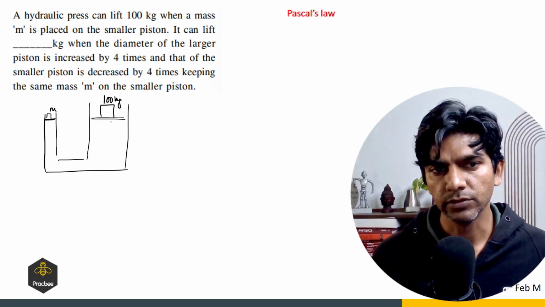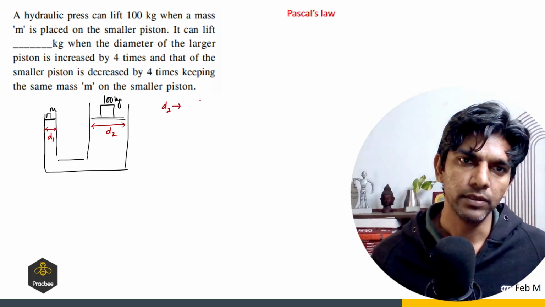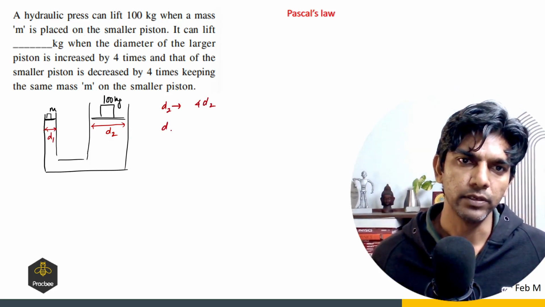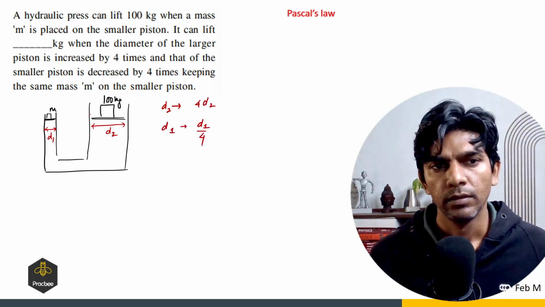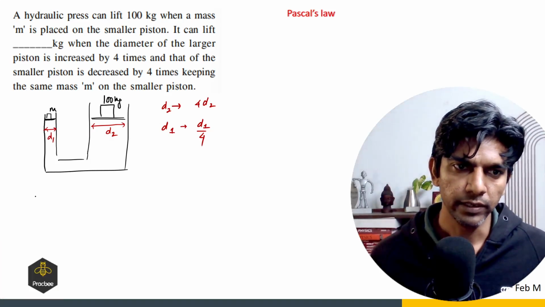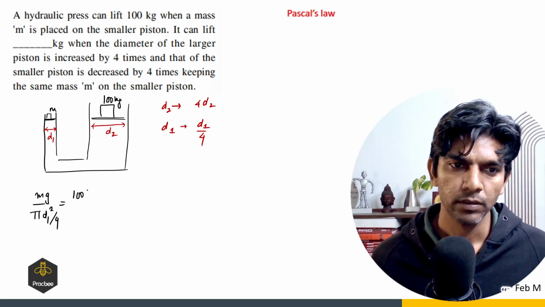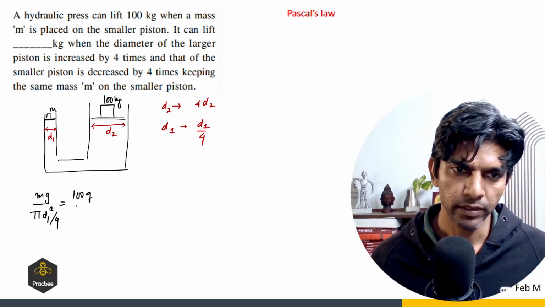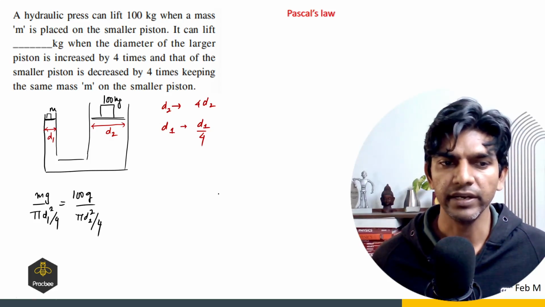Now let me call this diameter d2 and this diameter d1. Now d2 will become 4 times d2 and d1 will become d1 by 4, and we are using the same mass. So earlier we can say mg by pi d1 square by 4 is equal to 100 g by pi d2 square by 4, right?